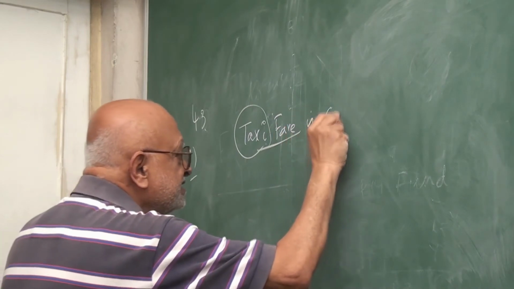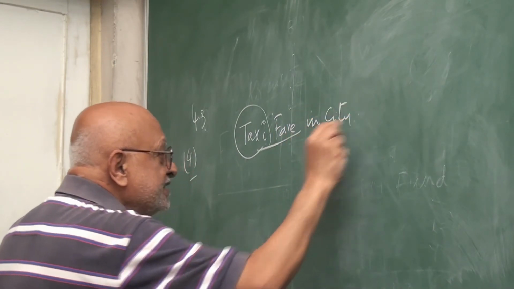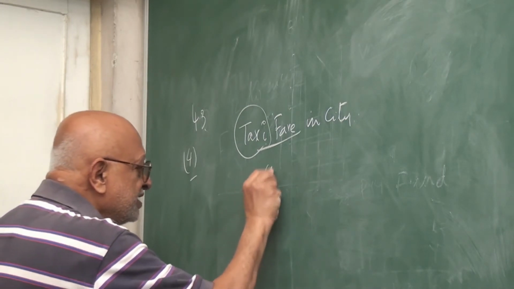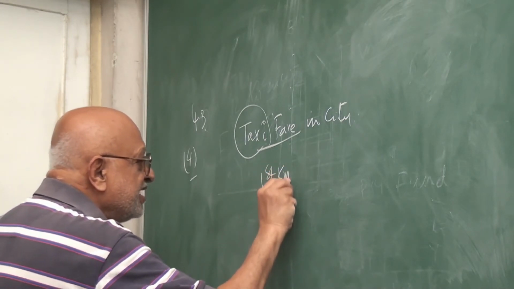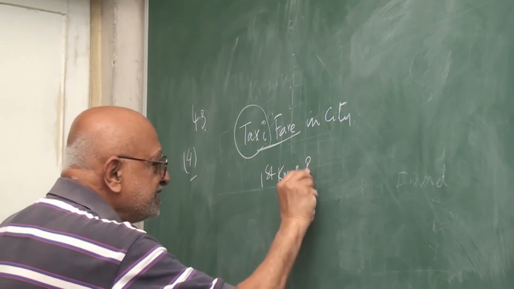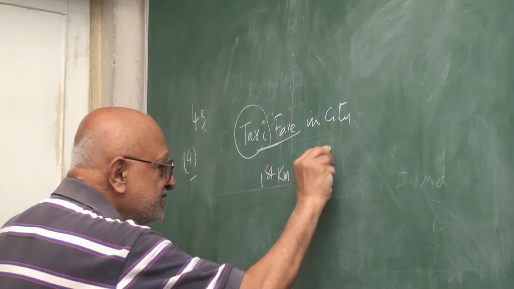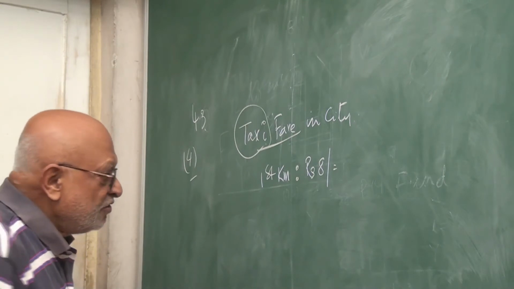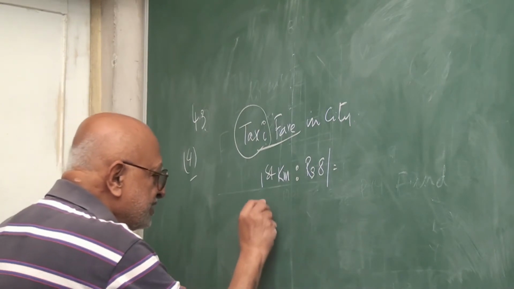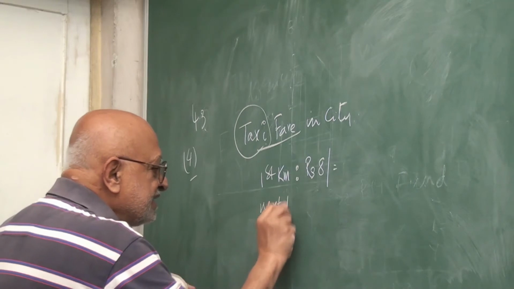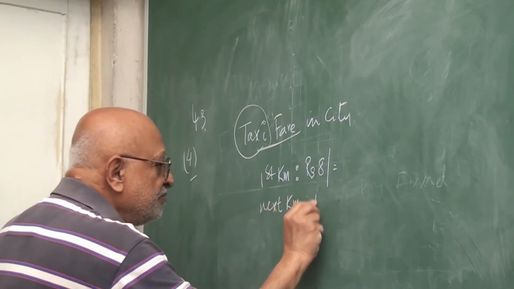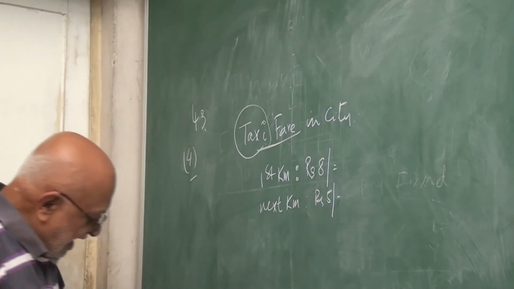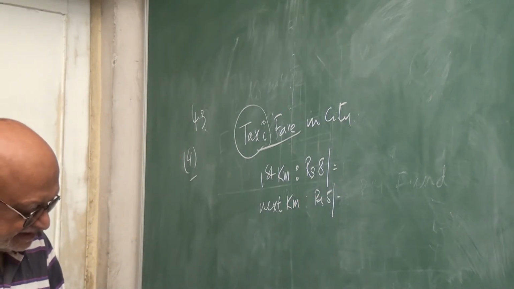It says the first kilometer, for that short distance they'll end up paying more, is rupees 8. Not 80, rupees 8. Each subsequent kilometer is rupees 5.